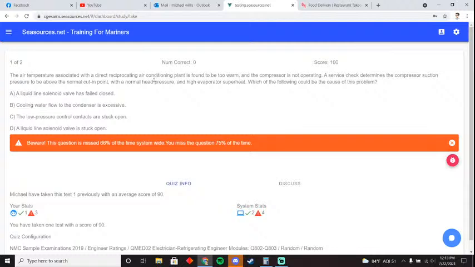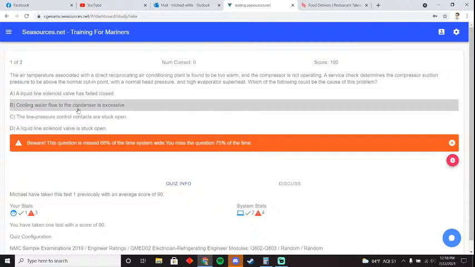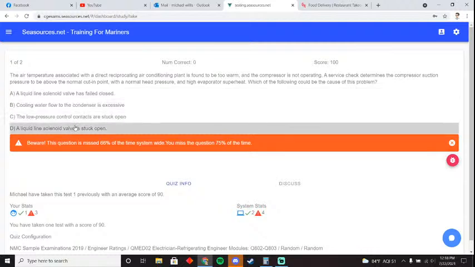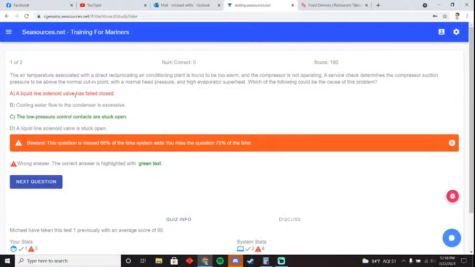Which of the following could be the cause of this problem? I think it... Dang. The low pressure control contacts are stuck open. Okay, I don't get it, but I gotta remember that's the answer there.